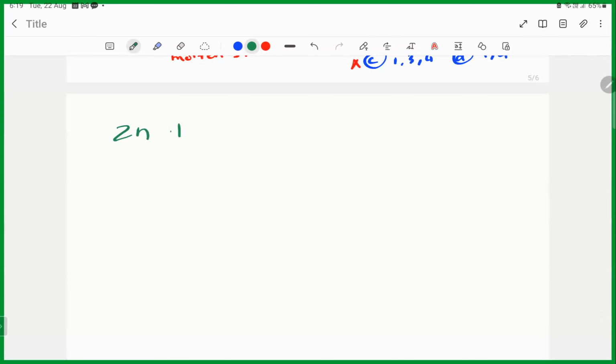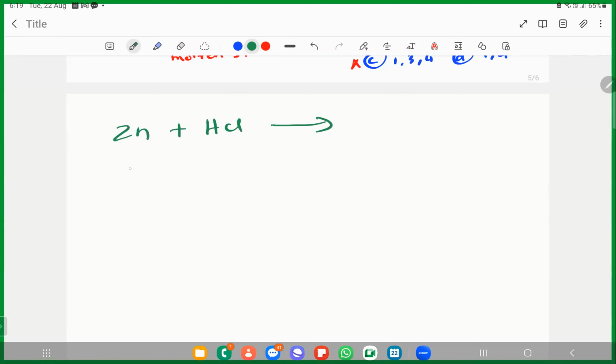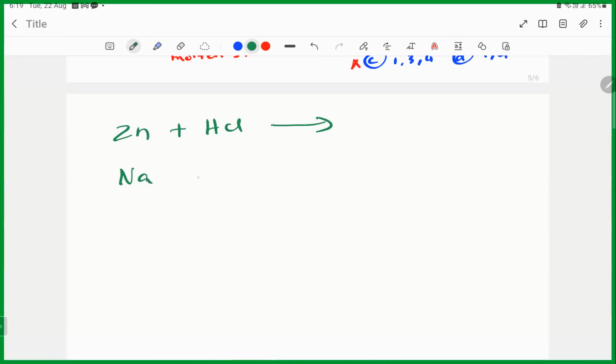Zinc plus HCl gives what? And sodium plus H2O gives what?